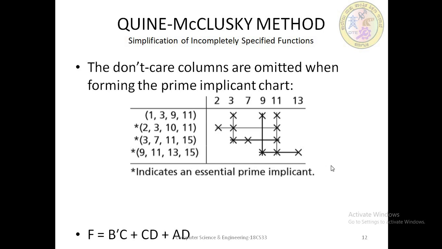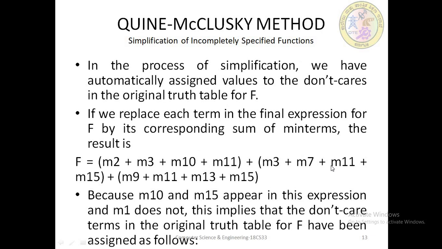This is the expected result, and you have to be very careful with the final expression when using don't care terms. In the process of simplification, we have automatically assigned values to the don't care cases in the original truth table of F. If we replace each term in the final expression for F by the corresponding sum of minterms, we get a result like this.